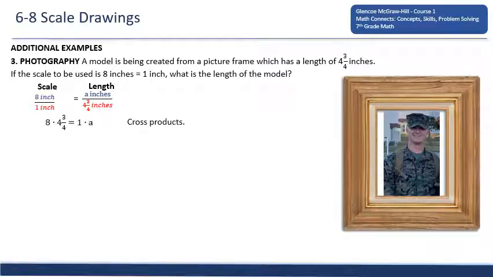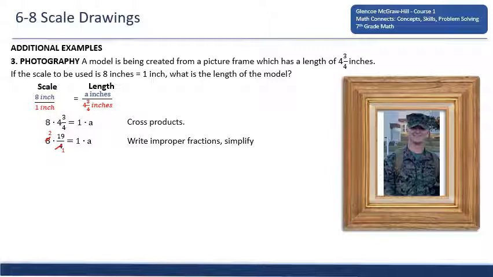We're going to multiply to get the cross products. So we're going to have 8 times 4 3/4 equals 1 times A. Write improper fractions and then simplify. We can't multiply 8 times 4 3/4, so we have to change 4 3/4 to an improper fraction.